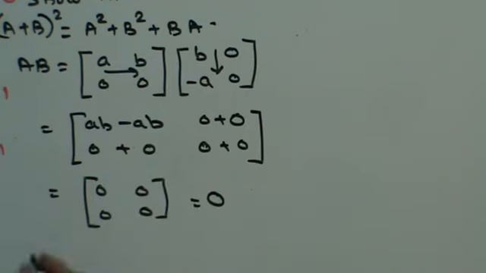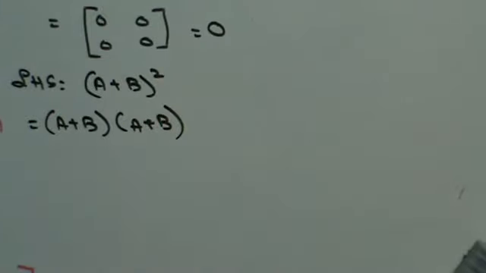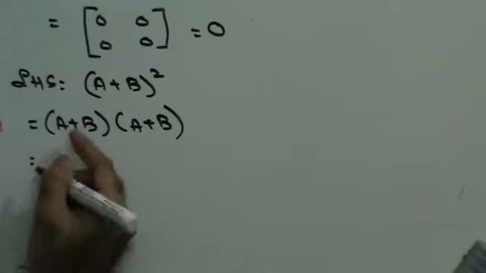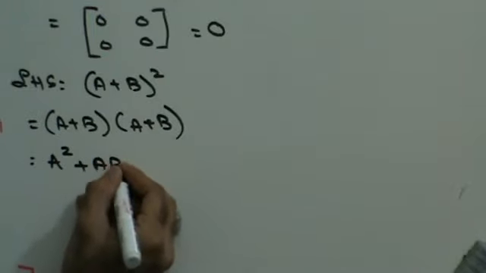Now let's start with LHS. LHS is (A plus B) the whole square, which is nothing but (A plus B) into (A plus B). First multiply A with the whole second bracket, so that's A square plus AB.